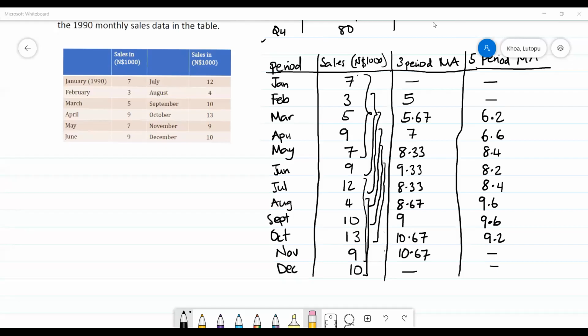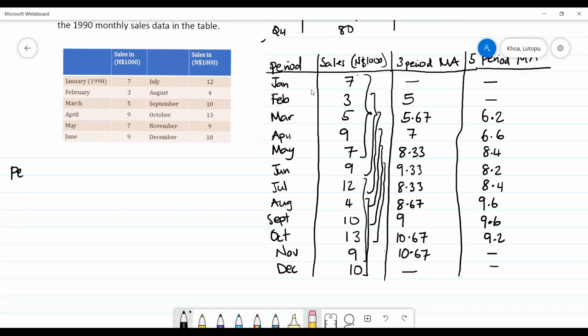Okay, now with the 4-point moving average, the way we would do it is we'd still come up with our table like this, except that we would have an extra space between each of the months. So we would write it like this.